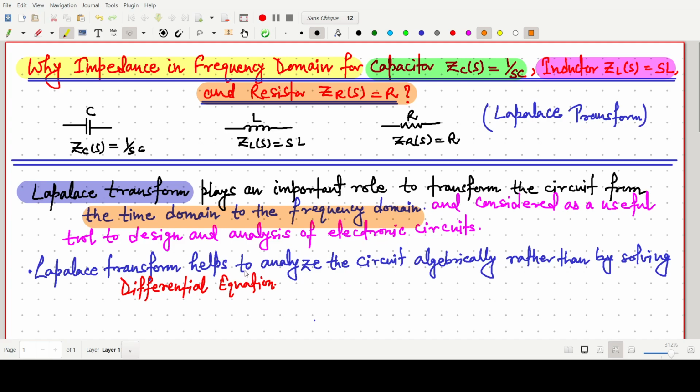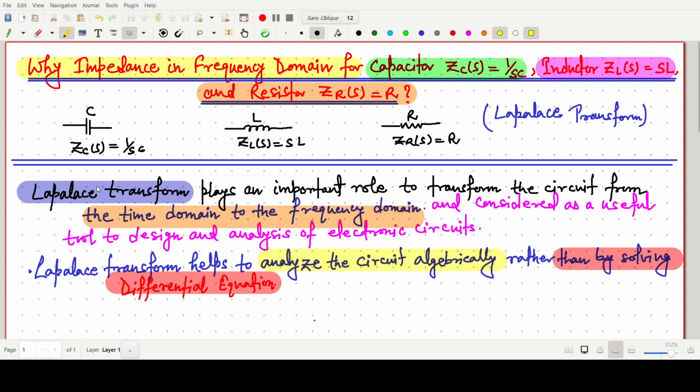It also helps to analyze the circuit algebraically rather than solving differential equations. No need to solve the differential equation. We can analyze the circuit algebraically using the Laplace transform.